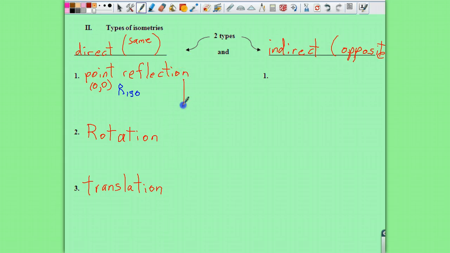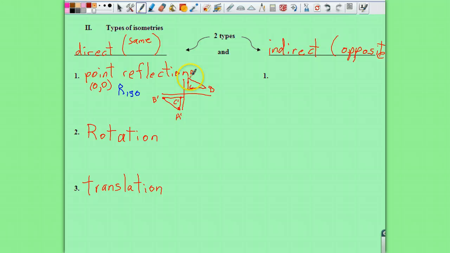So a point reflection, let's say we have a shape right here, and it's reflected through the origin. And we'll call it A, B, C. So this would be B prime, A prime, and C prime.